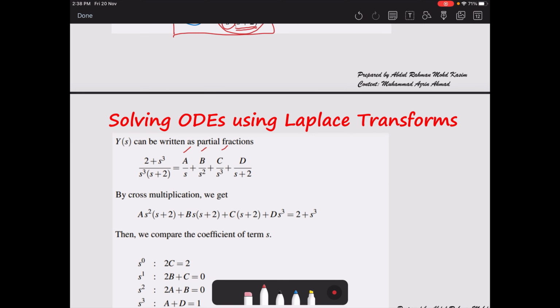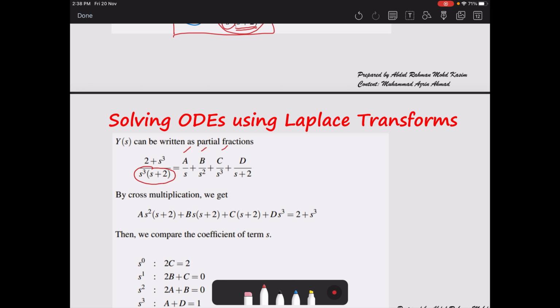The next thing you need to do is make its denominator equivalent with the denominator of the left hand side, the one that you use to find the fractional form of the equation.